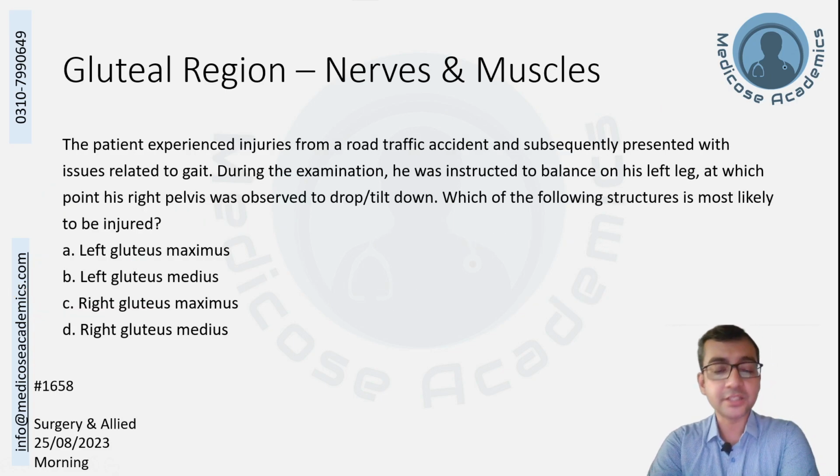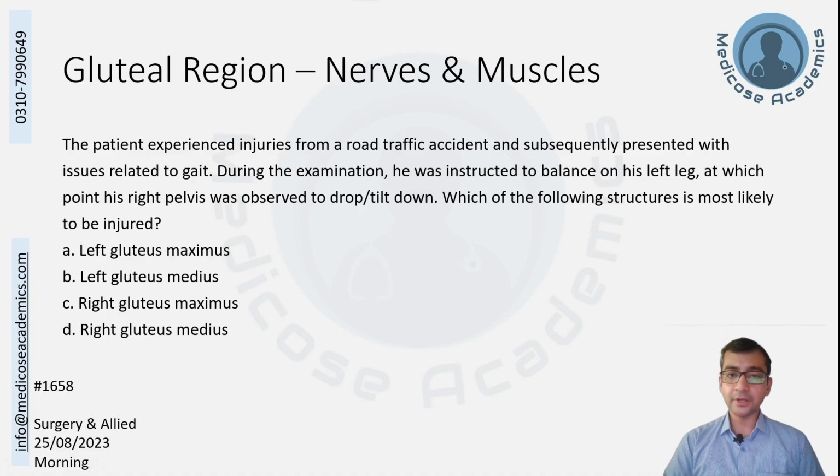A patient experienced injuries from a road traffic accident and subsequently presented with issues related to gait. During the examination, he was instructed to balance on the left leg, at which point the right pelvis is observed to tilt down. Which of the following structures is most likely to be injured?